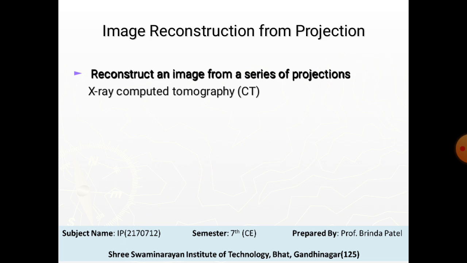Now, image reconstruction from projections. In the previous sections we have seen techniques for restoring a degraded version of an image, like inverse filtering and so on. Here we examine the problem of reconstructing an image from a series of projections, with a focus on X-ray computed tomography, which is known as CT.